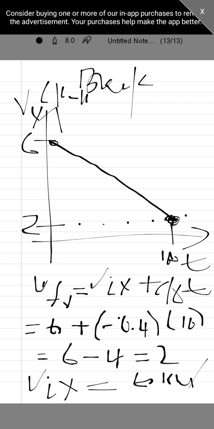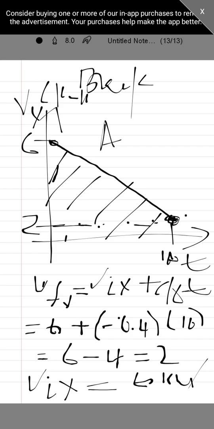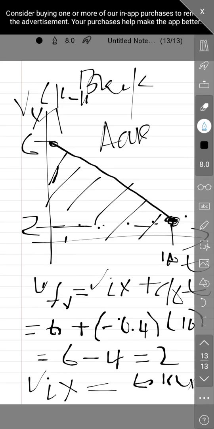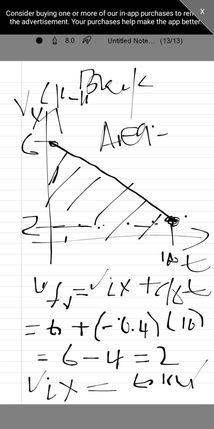So again, if we calculate the area under this graph, you get that the area is also 40.